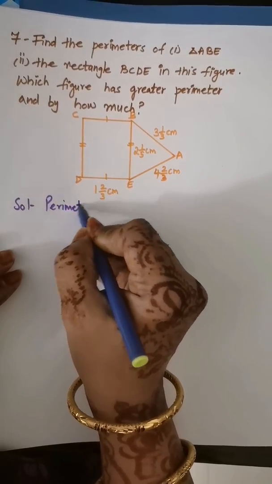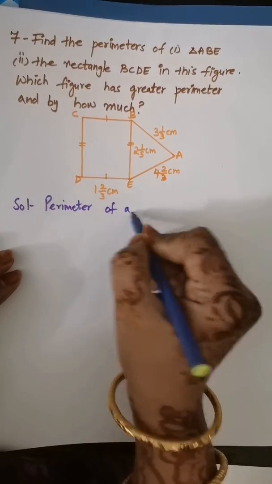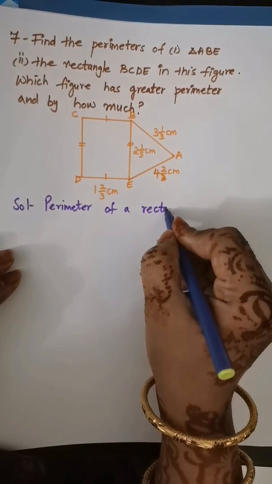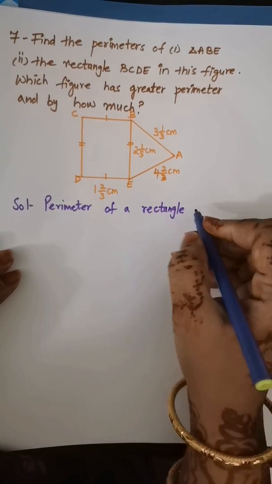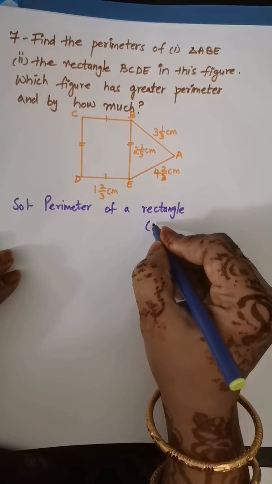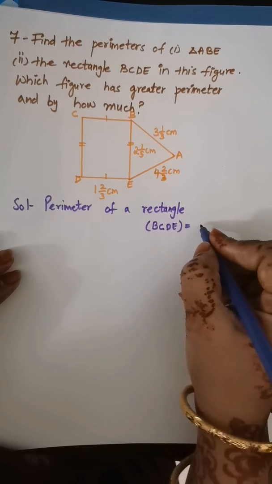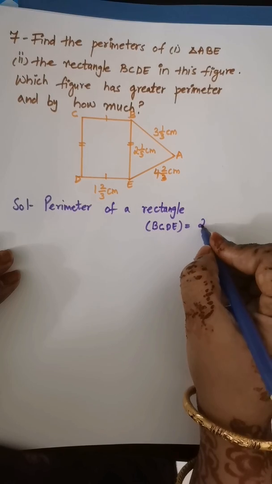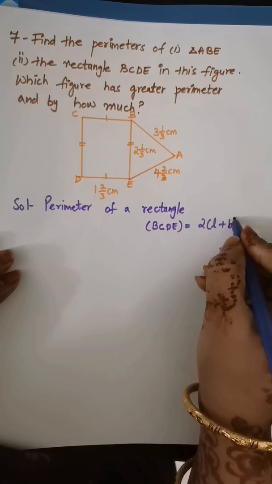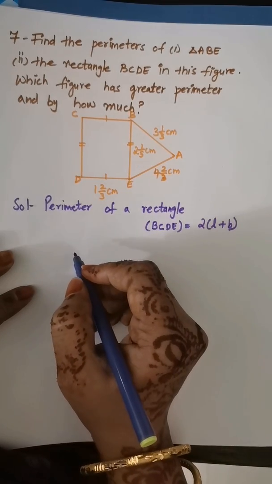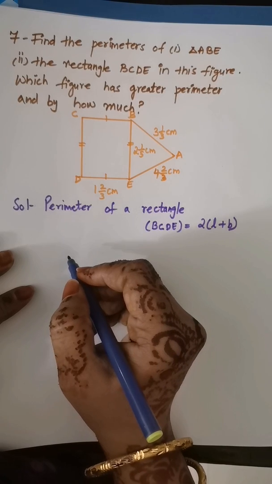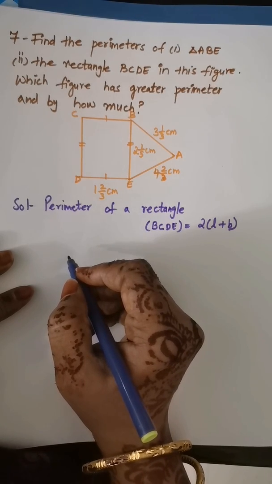Perimeter of a rectangle. What is the formula? Perimeter of a rectangle BCDE is equal to 2 into L plus B. Now longer side is L, shorter side is breadth.